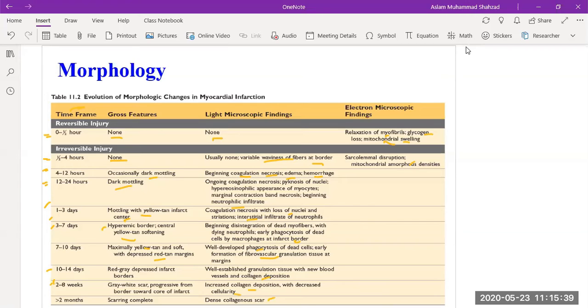So you can see that if you observe the microscopic characteristics, they will change with time. Beginning with the wavy fibers that can express the presence of irreversible injury at that time.